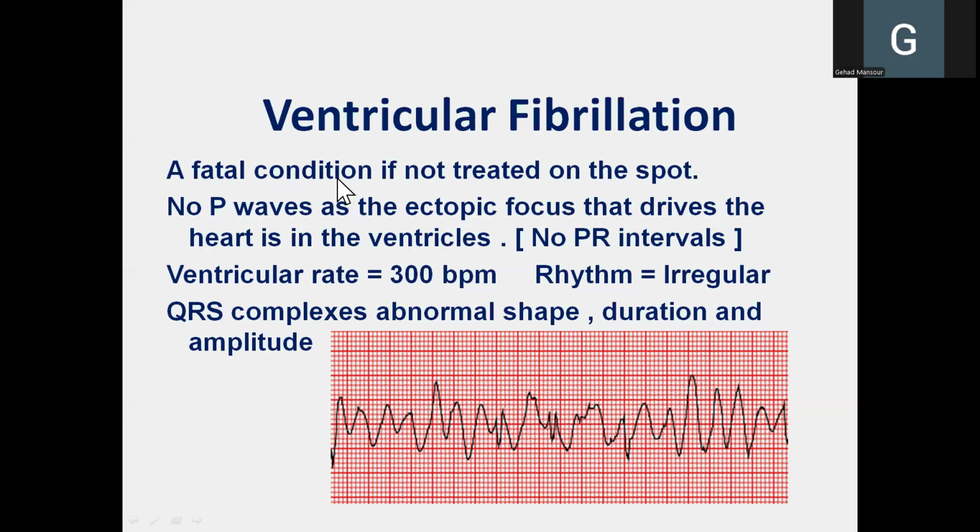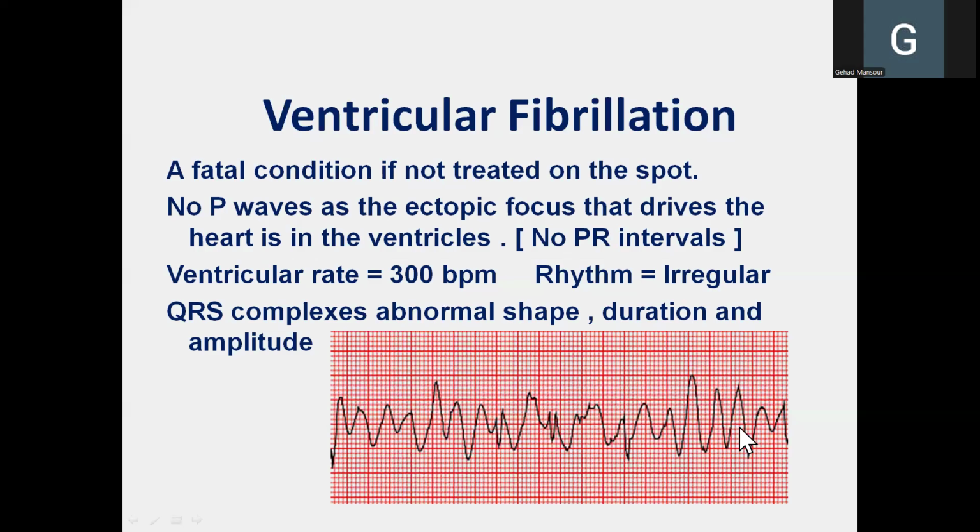Since it's called a ventricular fibrillation, it is a rhythm that arises from an ectopic focus in the ventricles. So it's more serious than atrial fibrillation. And because it is fibrillation, similarly to atrial fibrillation, it will be irregular, not only irregular but irregularly irregular, and very rapid.